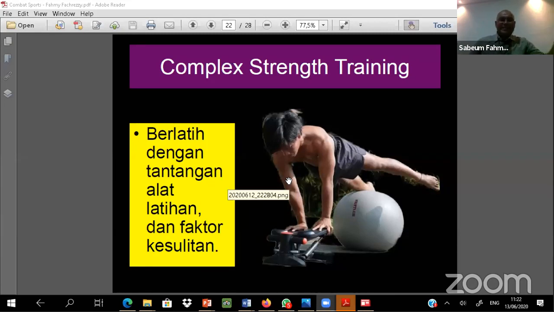So first, remember the first training is an easy program, simple to difficult. Easy, like two legs on the ball. So arms try to stand like this, static, and next try moving, dynamic moving, and next we try one leg. It's very difficult. I call it complex strength training.